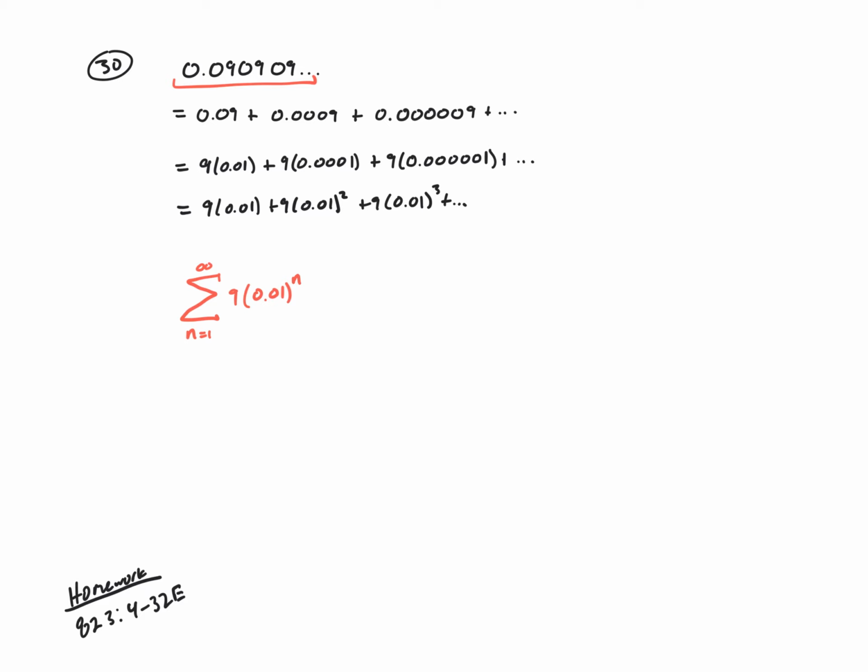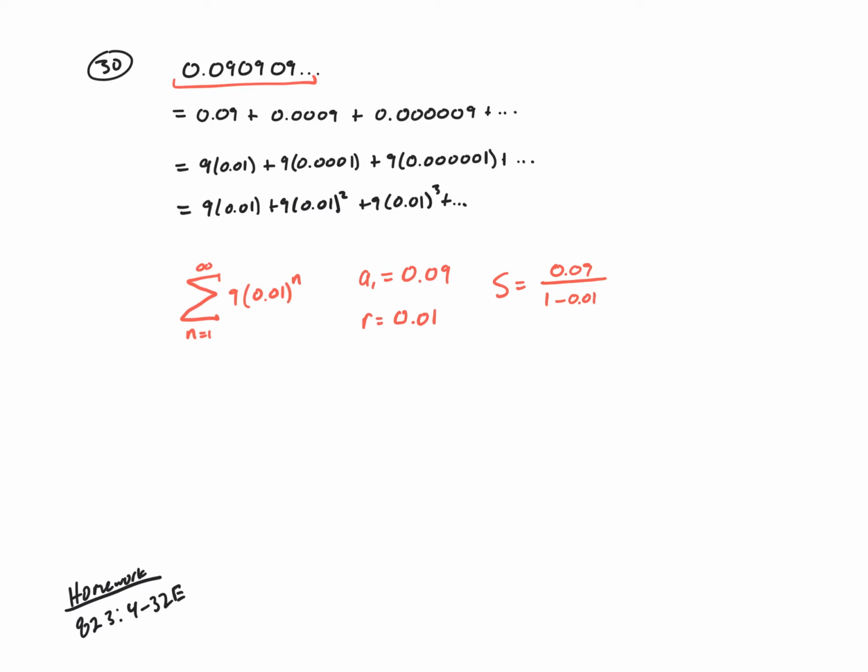So then we can recognize here that a sub 1 is equal to 0.09, and my r is equal to 0.01. So the sum is going to equal 0.09 over 1 minus 0.01.